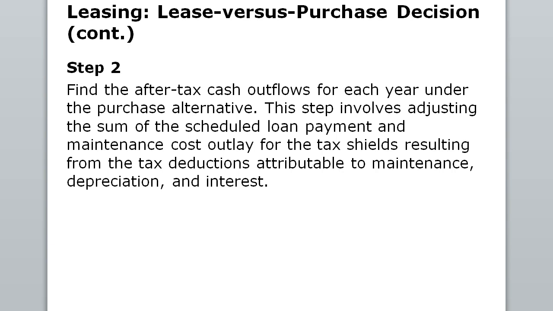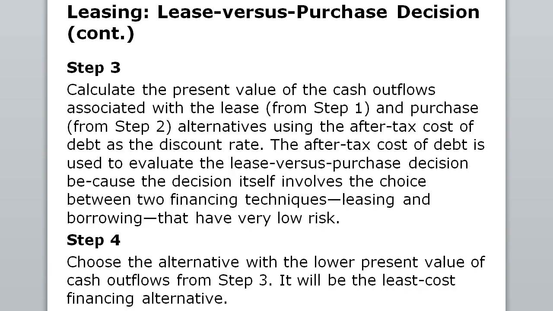So in step two, we're looking at buying it. What's going to be the cash outflow for buying it? Then we adjust for the scheduled loan payments, maintenance cost outlays, and tax benefits or tax shields, such as depreciation. So we're going to be accounting for maintenance, depreciation, and interest, as we're assuming that if we purchase the asset, we're taking a loan to purchase.